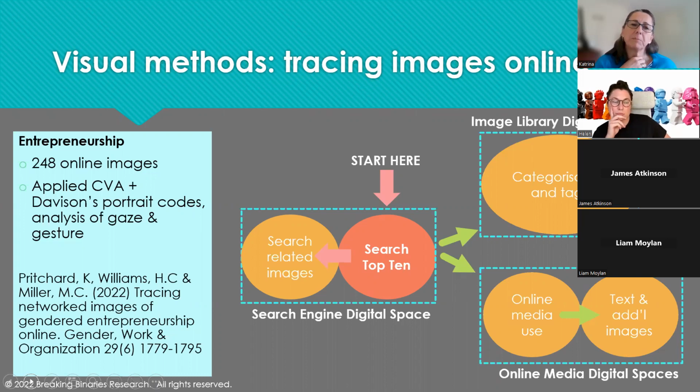And we looked at 3 online spaces in particular: image libraries, search engines, and online media. So if you're interested in this type of research and you're interested in looking at images online, obviously it's really important to have some basis for what online means in your research.